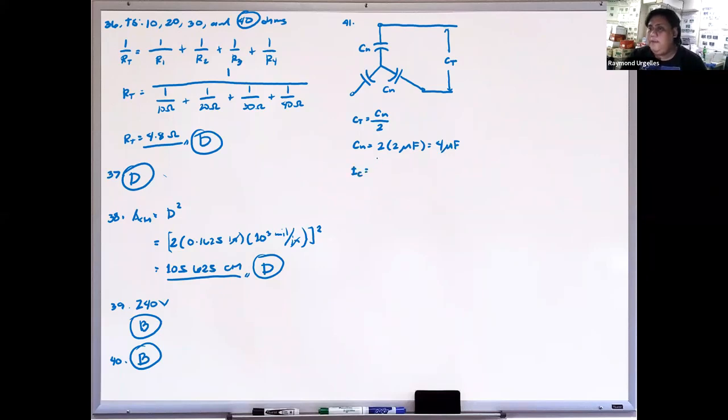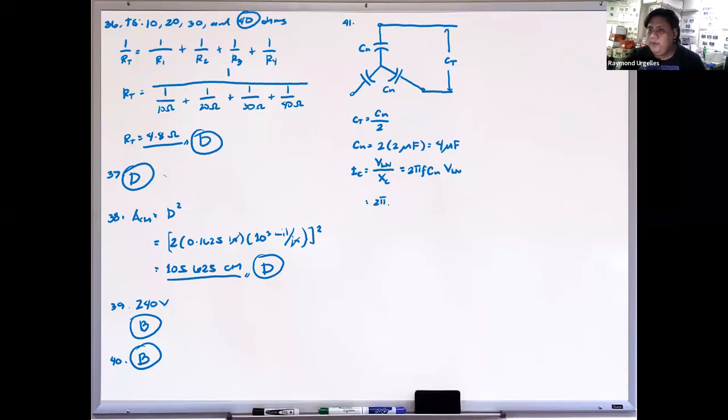This is given by the line to neutral voltage, since we need the line to neutral voltage, divided by the capacitive reactance. So this will become 2 pi f times the capacitance to neutral times the line to neutral voltage.